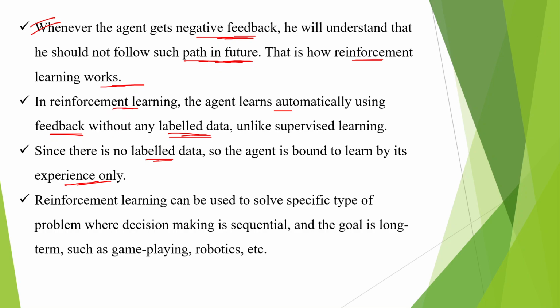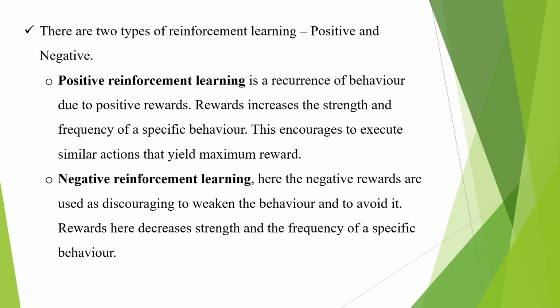Reinforcement learning is purely experience based; based on experience only the learning takes place. Reinforcement learning can be used to solve problems where decision making is sequential and the goal is long term, such as playing games, robotics, and so on. In these domains, reinforcement learning can be successfully applied.